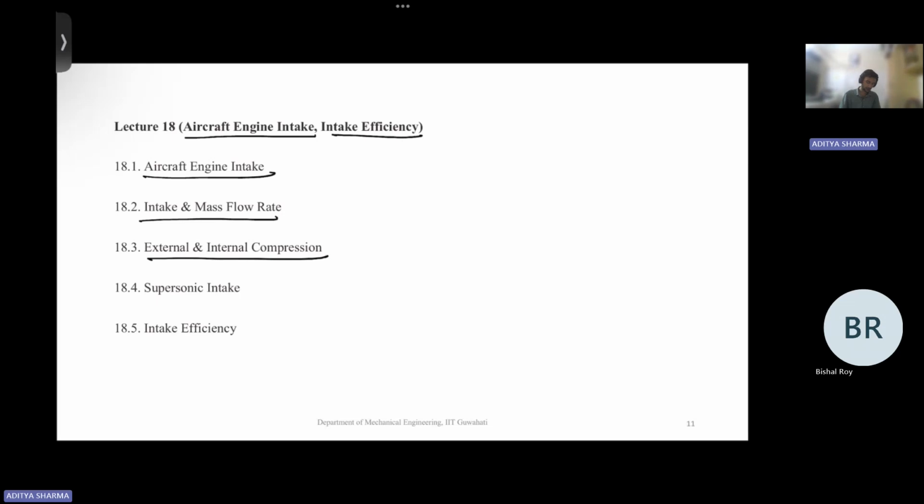Then comes compression that happens at the intake of the engine. Then there are types of modes of operation in your supersonic intake. Then intake efficiency, ram efficiency, this has been discussed.